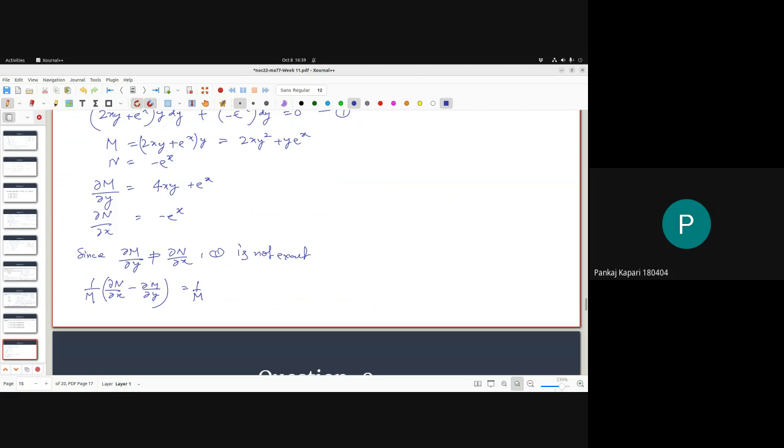If you subtract this, you can see that this is just minus of twice of e to the power x minus 4xy.